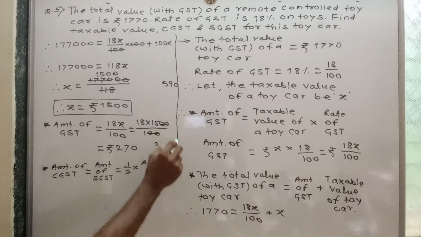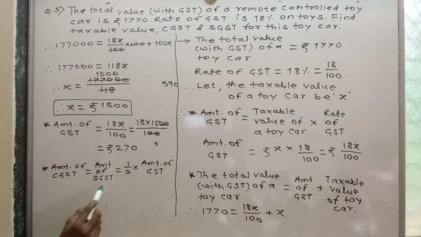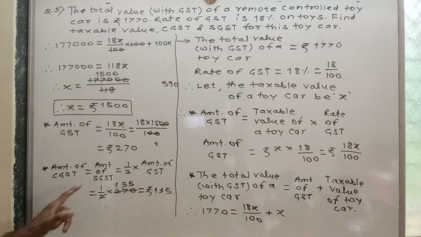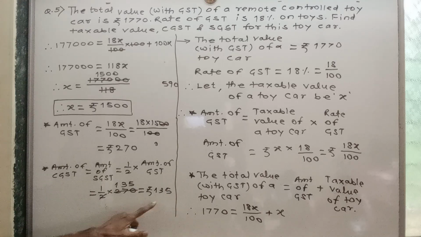Always use this formula: amount of CGST is equal to amount of SGST is equal to 1 upon 2 into 270, is equal to 2 ones are 2, 2 threes are 6, and 2 fives are 10. Therefore amount of CGST is equal to amount of SGST is equal to rupees 135.